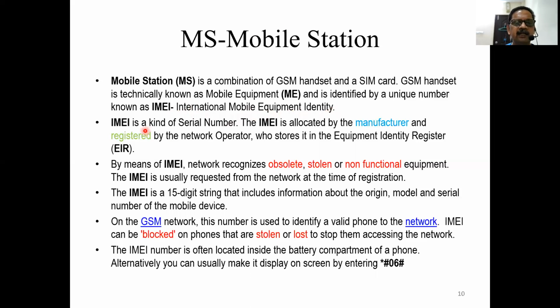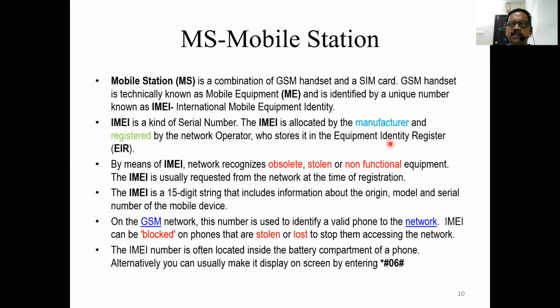The IMEI is a kind of serial number. It is allocated by the manufacturer and registered by the network operator, who stores it in the Equipment Identity Register, EIR. So the IMEI, the mobile equipment serial number, is provided by the manufacturer.